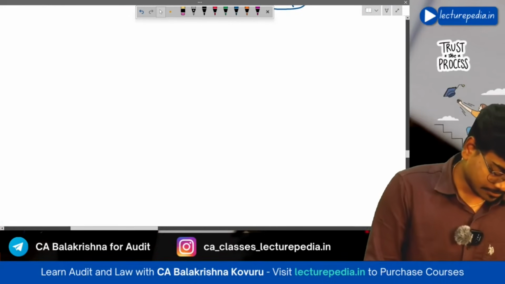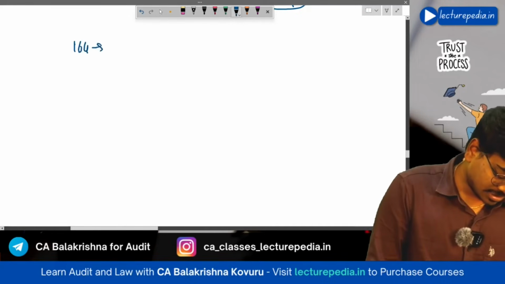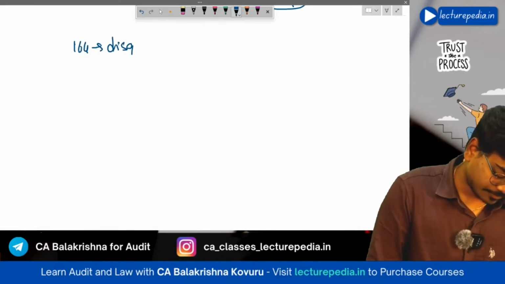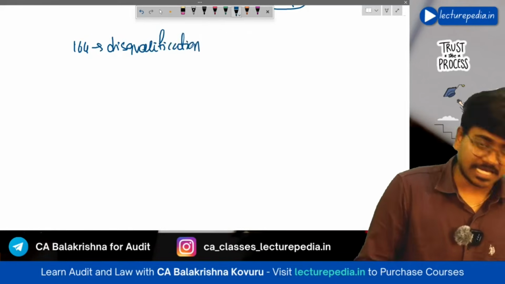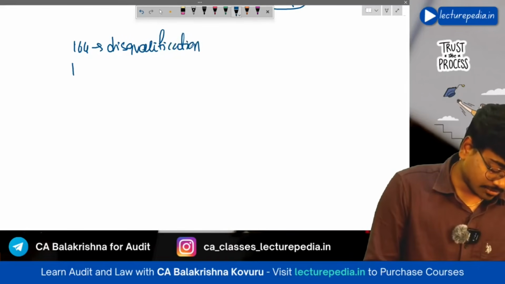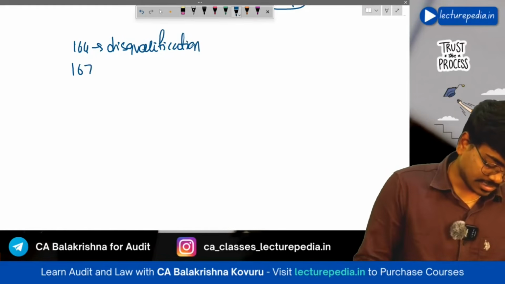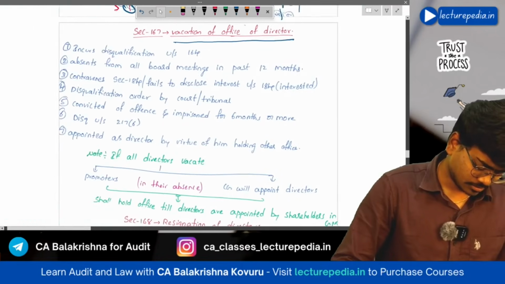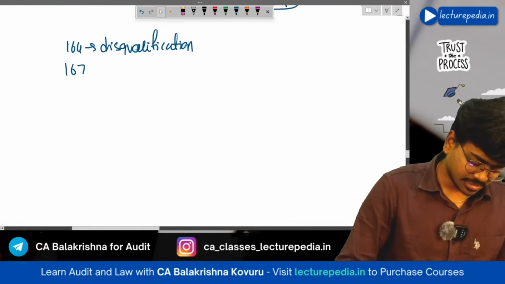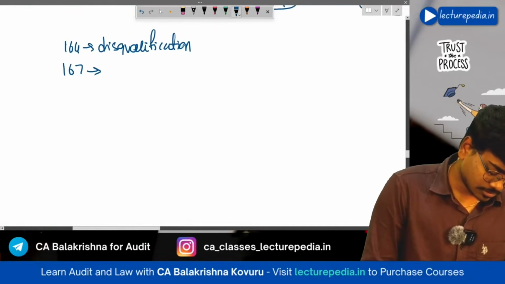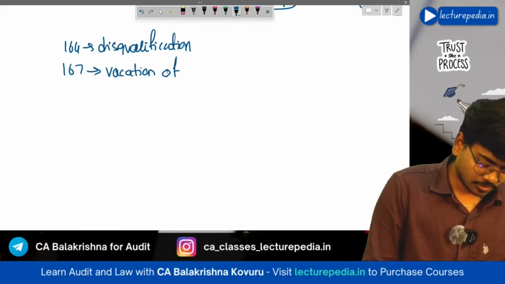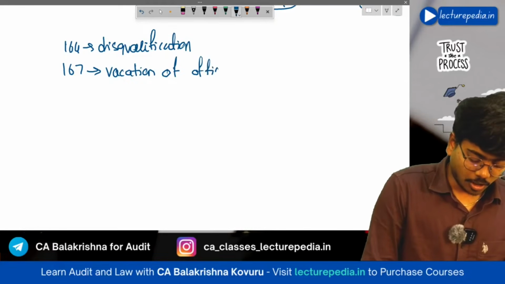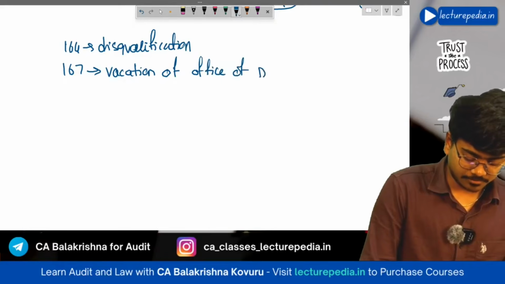Section number 164 deals with disqualification of directors, right? Section number 167 deals with vacation of office of director.